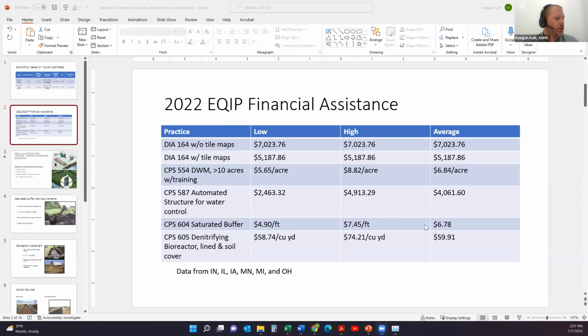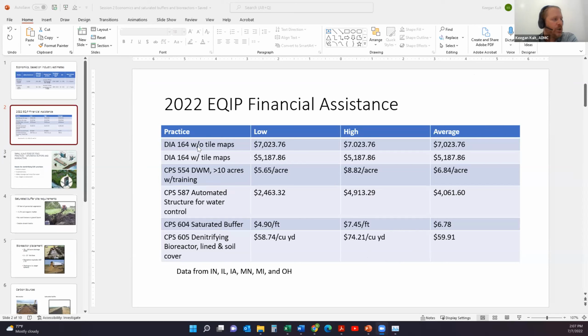Yeah, we're just taking a look, and this is pulled together by Tom Christensen there of ESE, looking at 6 states, just cost share financial assistance, and the different practices that we spoke about today. So the DIA 164 itself, if there are any TSPs out there writing these DIA 164 plans, those are all set across the nation, I believe.